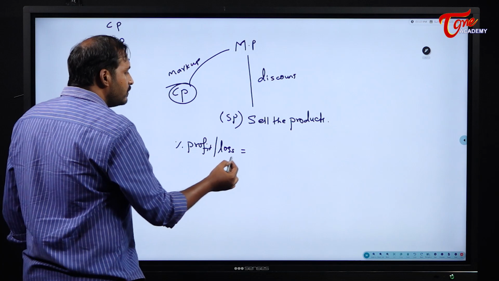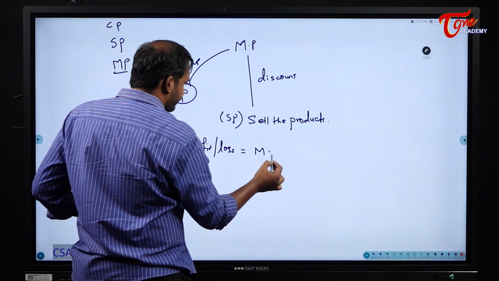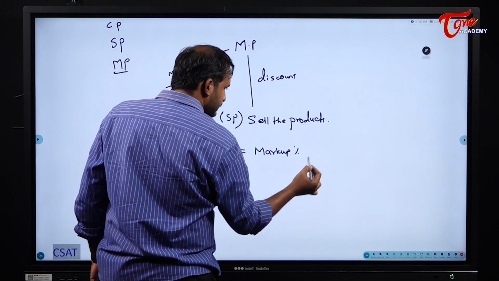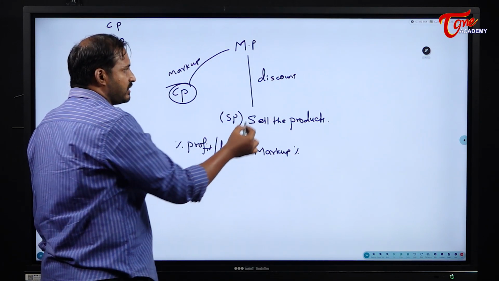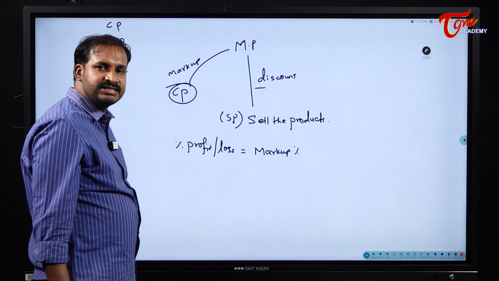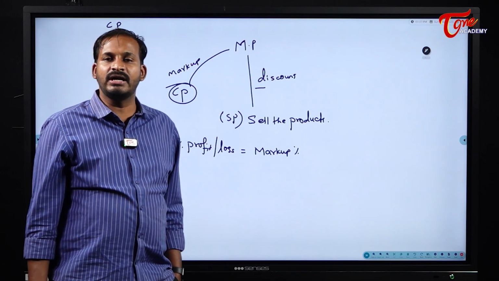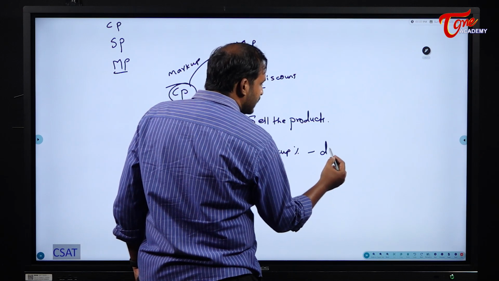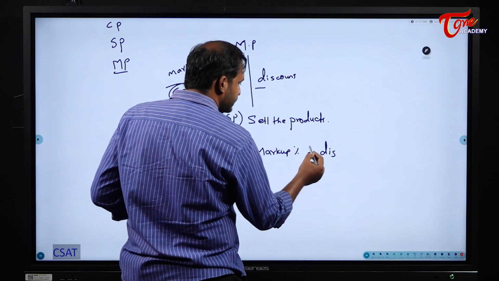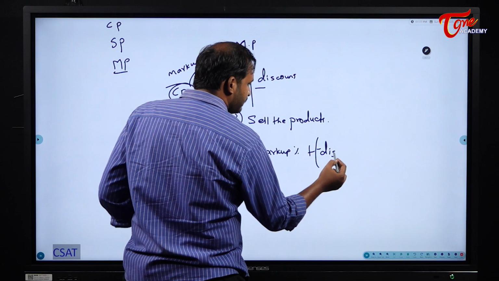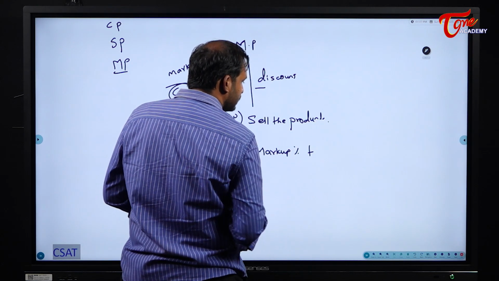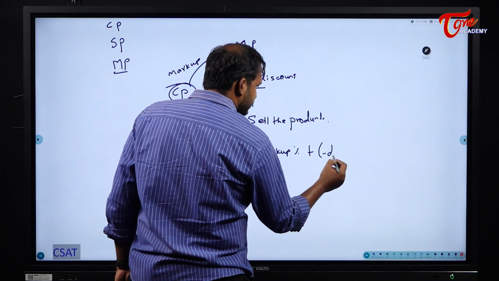So what you will do: markup percentage. And then you will allow a discount. Discount means what, students? Decreasing, right? So you will give a discount, minus discount. For your understanding, initially I will take plus of minus discount.